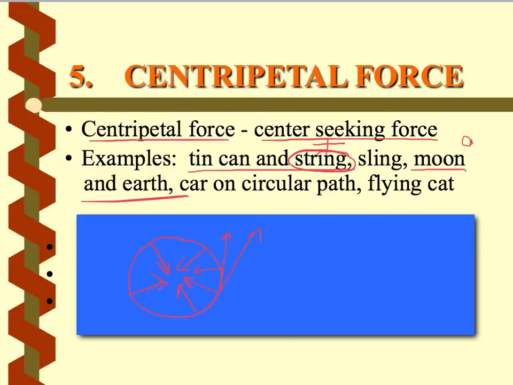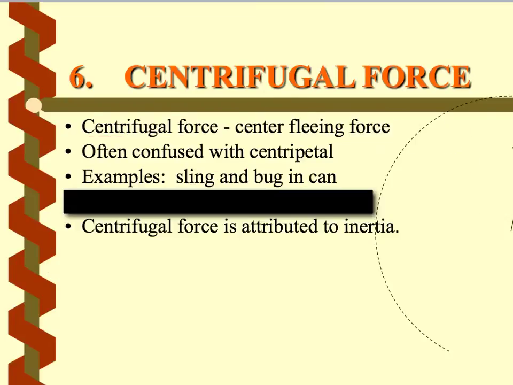This is where the force of gravity provides that centripetal force, where the moon is then going around the earth. A car on a circular path. The force of friction, or the normal force, would actually at the same time be causing the car to turn around corners and not continue on a straight line path.